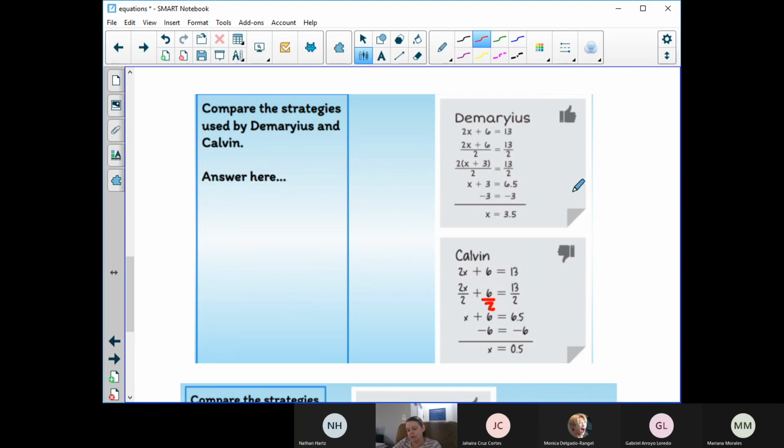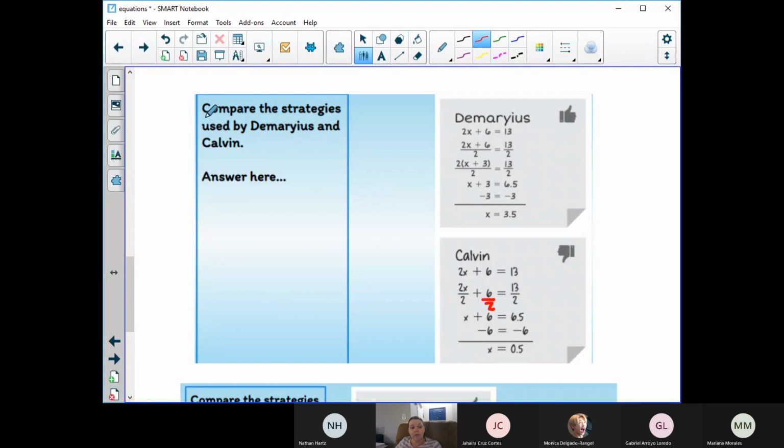Or whatever the coefficient is. You have to divide every single term on that side by your divisor. So that is where he went wrong. If he had divided 6 by 2, he would have got the right answer.